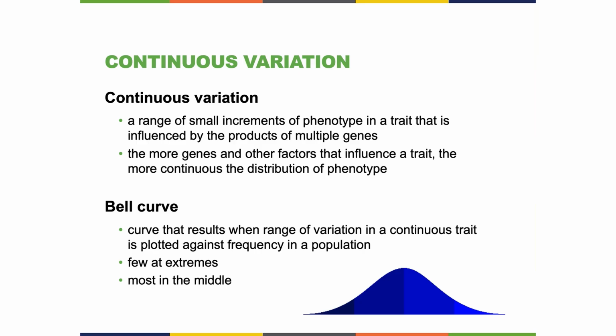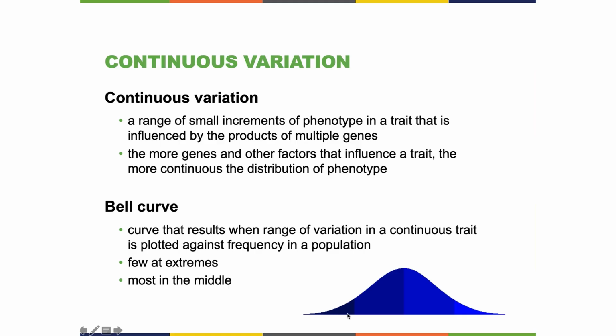Now, when you have continuous variation, like in skin color, you're going to have a lot of people in the middle and fewer people at the extremes, and this is going to end up forming what we call a bell curve. Okay, very few individuals at the extreme.